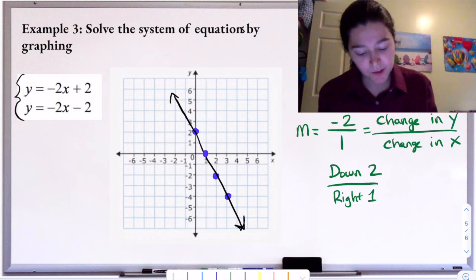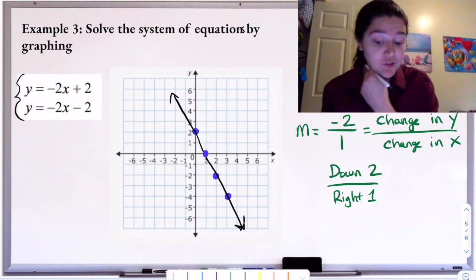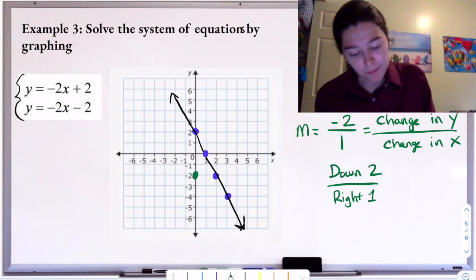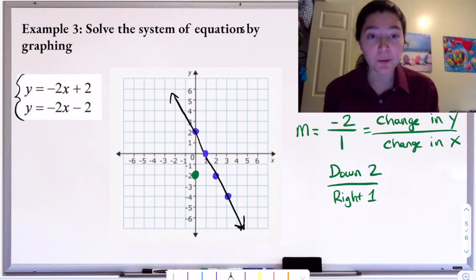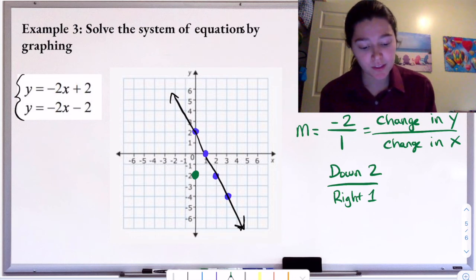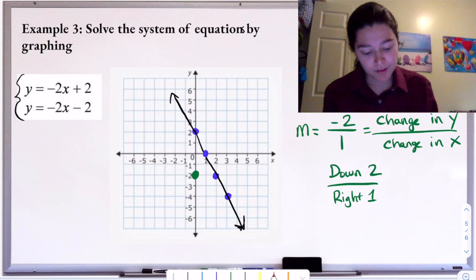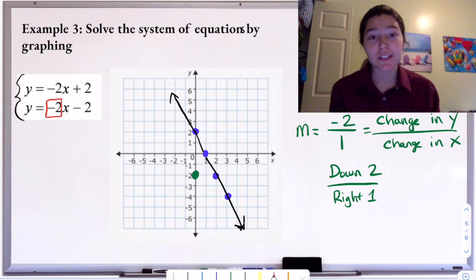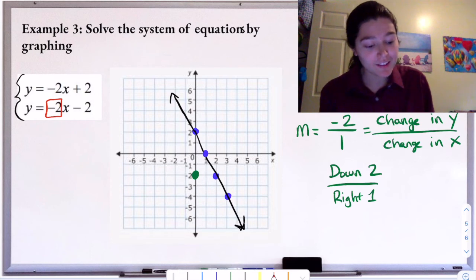Our second linear equation is y equals negative 2x minus 2. So my y-intercept is minus 2, so I'm going to plot this point, 0, negative 2. And then I have the same slope, interesting, the same slope of negative 2. I already did this: a slope of negative 2 is the same as negative 2 divided by 1.